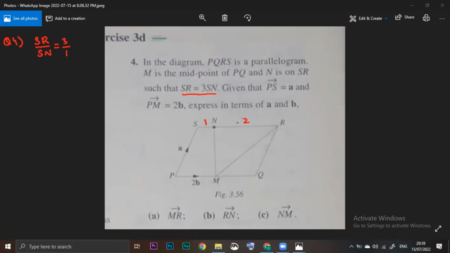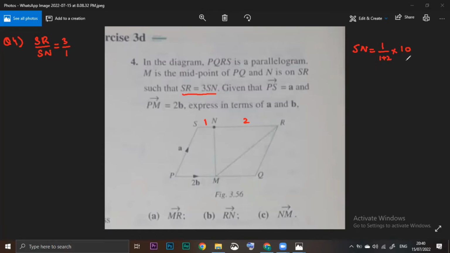Now, how can we find out SN? Suppose that SR is 10. How can we find out SN? SN is equal to ratio over sum of ratios, that is 1 over 1 plus 2, into total, which is 10.